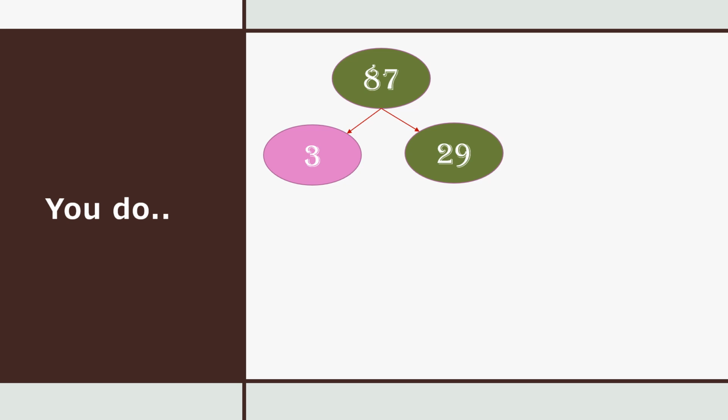Then we keep on checking if 29 is divisible by 7, 11, 13, 17, 19. It is not divisible by any of the numbers. So we cannot divide 29 into any lower numbers. So 29 is not divisible anymore and we change it to pink.